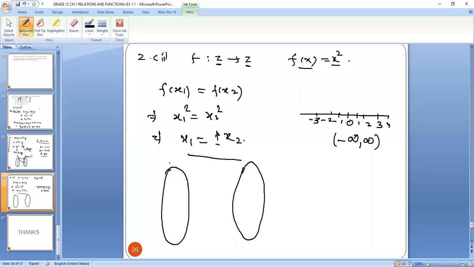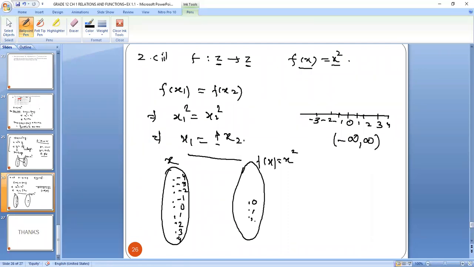This is x, this is f of x equal to x square. So I am taking 0, -1, -2, -3, -4, 1, 2, 3, 4, and so on.